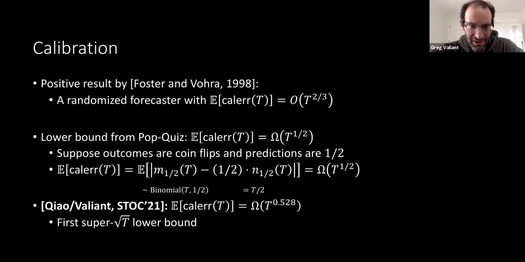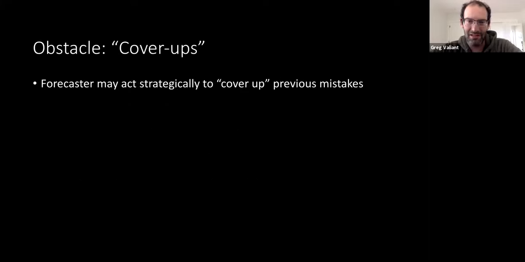So why is it hard to close this gap? Well, the main conceptual obstacle is this notion of cover-ups. A forecaster can try to act strategically to cover up previous mistakes. In other words, even if the forecaster really thinks that the true probability that it'll rain tomorrow is 0.3, the forecaster might predict something other than 0.3 to try to hide previous mistakes. Trying to figure out how powerful cover-ups are is the main obstacle.